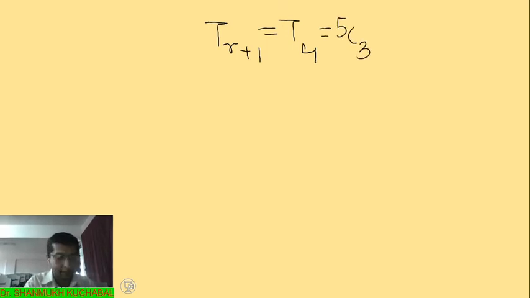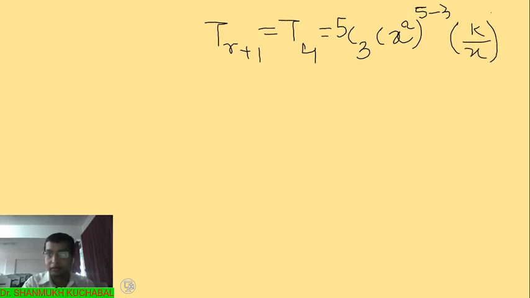Now in the general formula t r plus 1 we have to substitute. The value of r is 3, so we get t of 3 plus 1, that is t4, equal to nCr, 5C3, x square raised to 5 minus 3, times y raised to r, so it is k divided by x, raised to 3.